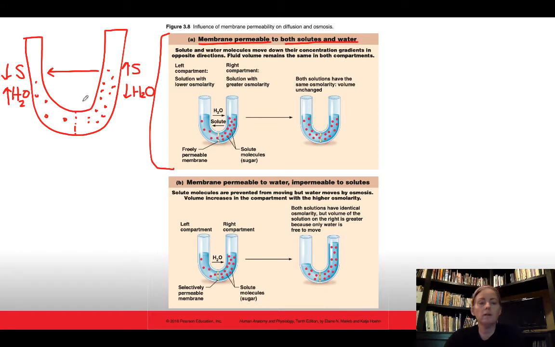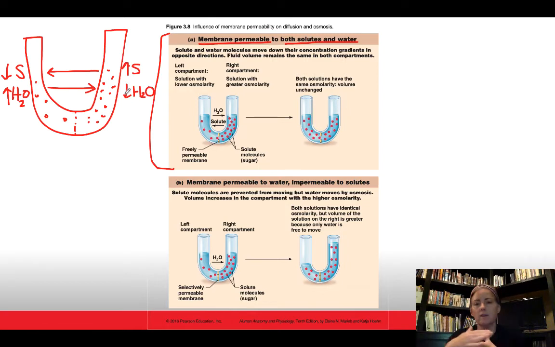Now water is also going to want to move down its concentration gradient. So water is going to want to move from its area of high concentration to its area of lower concentration. So here on the left hand side, we've got a higher concentration of water, and it's going to want to move to the right side to the area of lower concentration of water.